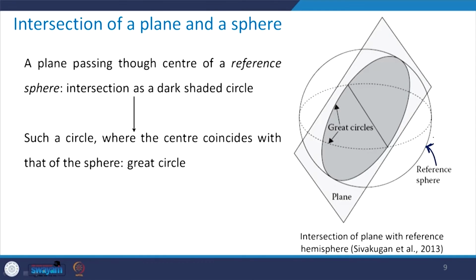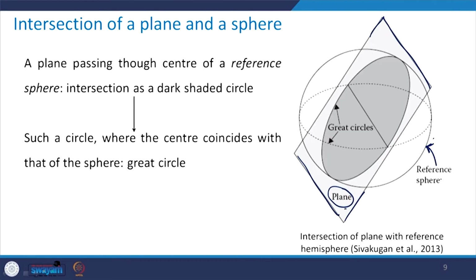Any circle having the same center as that of the reference sphere, we are calling that a great circle. Now, this is the plane that we want the intersection with the sphere. So, this is the reference sphere, this is the plane.